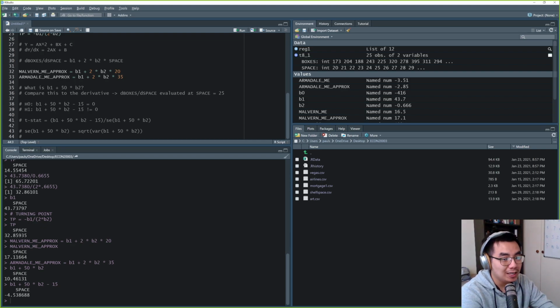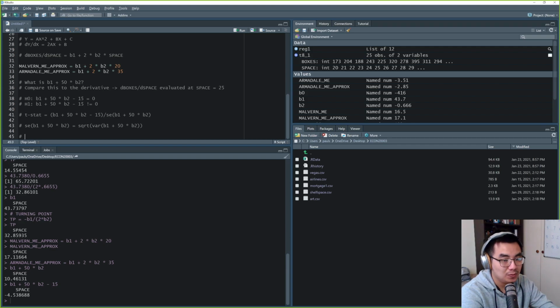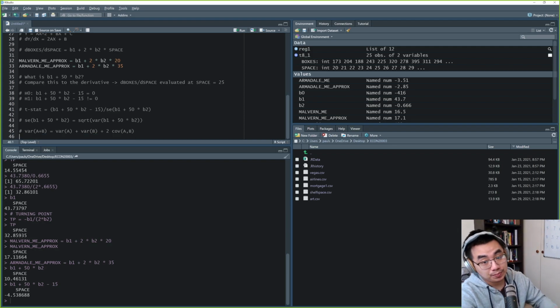Well, we can use an identity here that might help. The first thing you need to remember is that the variance of A plus B is equal to the variance of A plus the variance of B plus 2 times the covariance of A and B. Two other things might be useful.